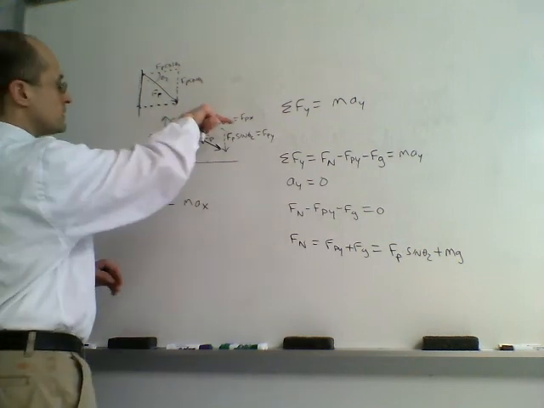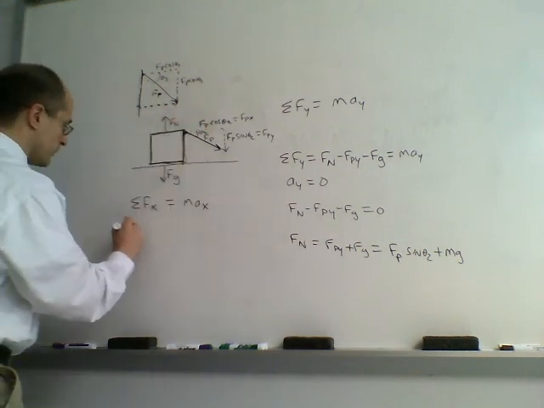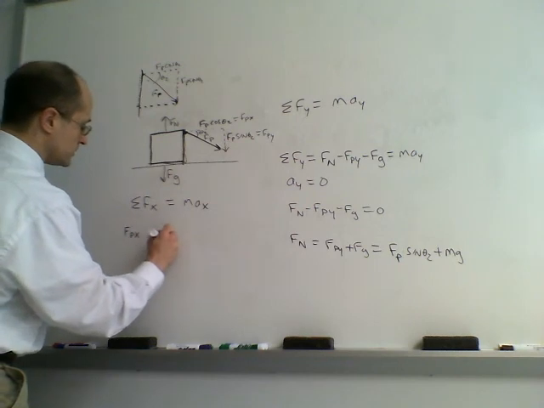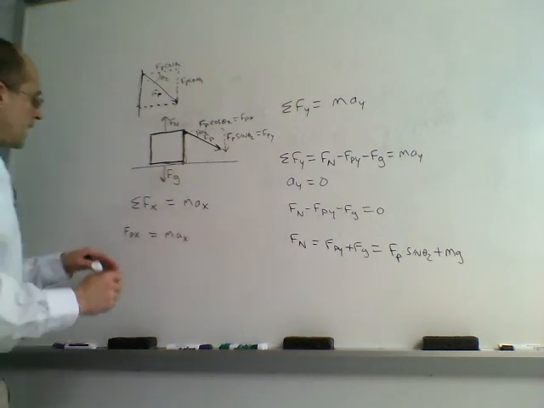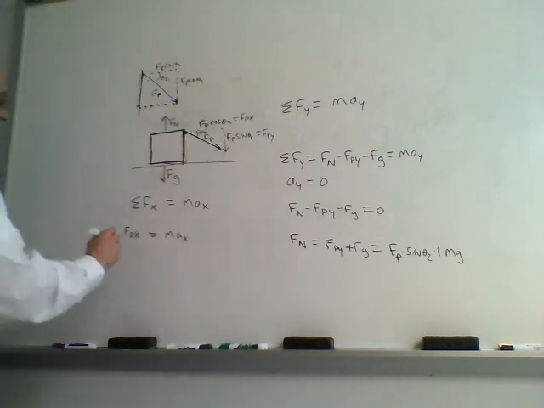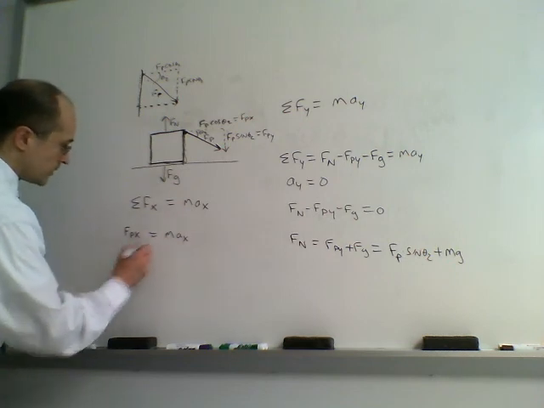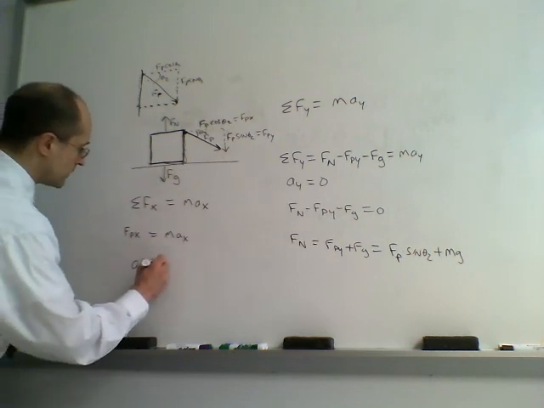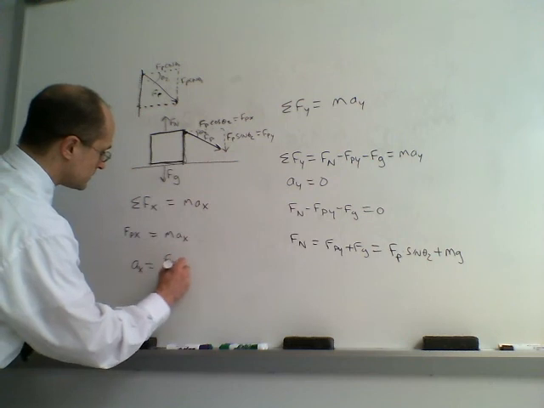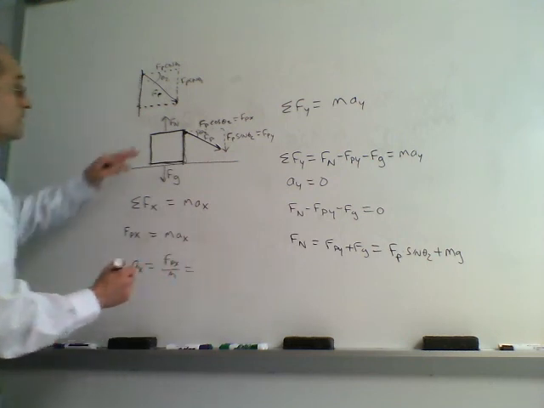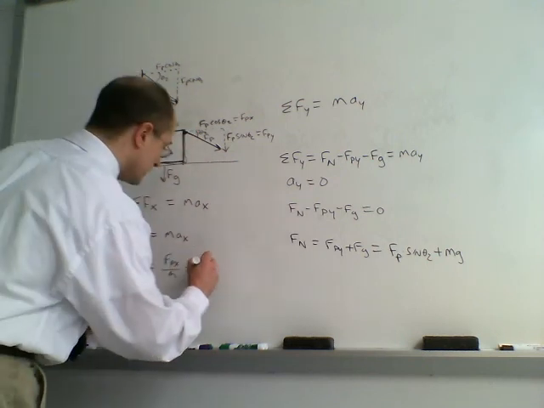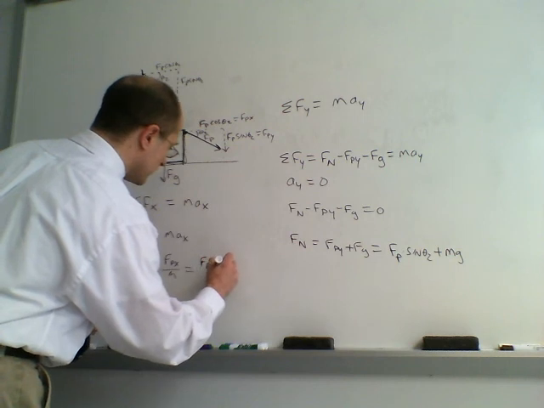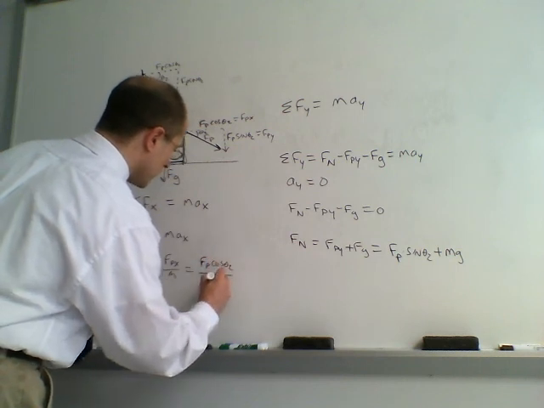There's only one force in the x, the force of the pull in the x, equals ma_x. And we're going to know the acceleration. The acceleration is the force of the pull in the x divided by the mass, and this turns out to be F_P cosine theta 2 over the mass.